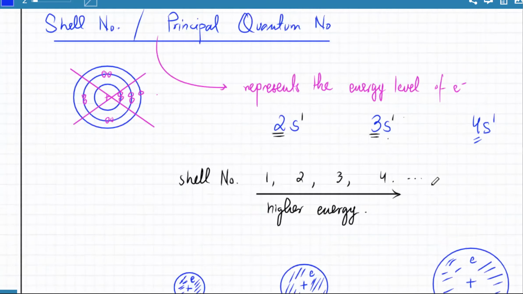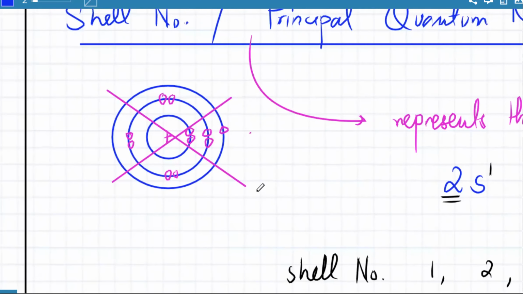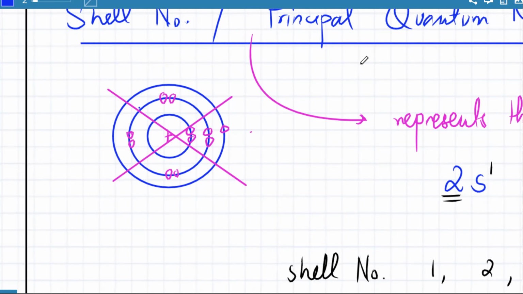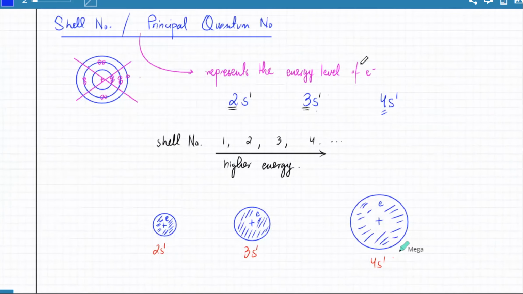So your O levels diagram was right up to there: if the shell number is 1, the electron would be very close to the nucleus. If the shell number is 2, the electron is further away from the nucleus. If shell number 3, then the electron is even further away. And as the energy level keeps increasing, the electron would eventually leave the nucleus. Okay? Is this clear?